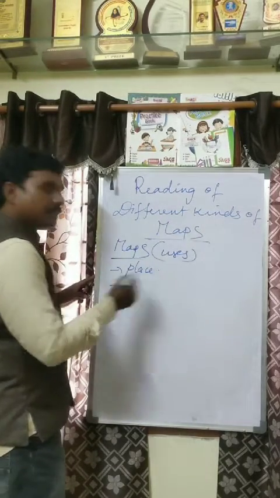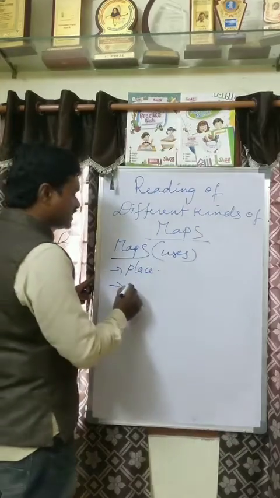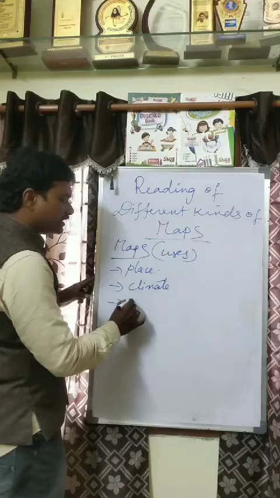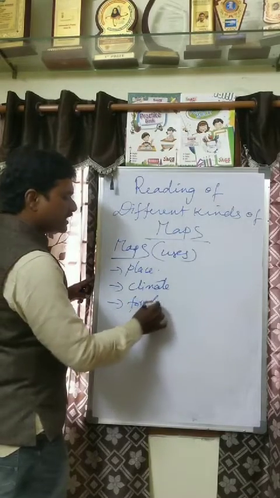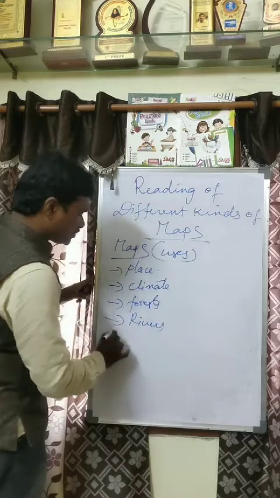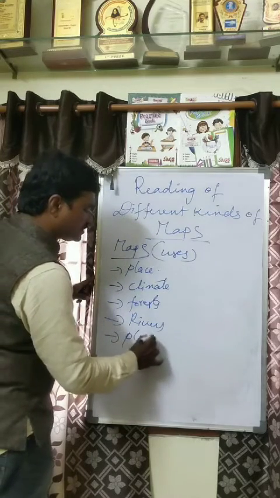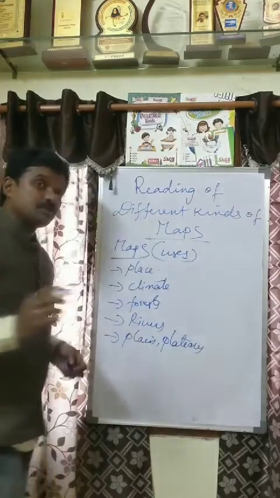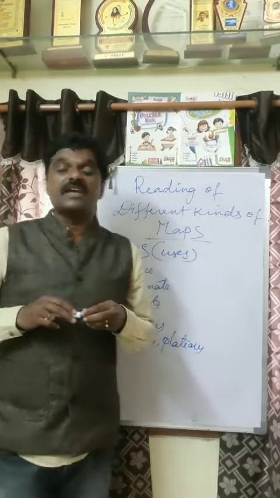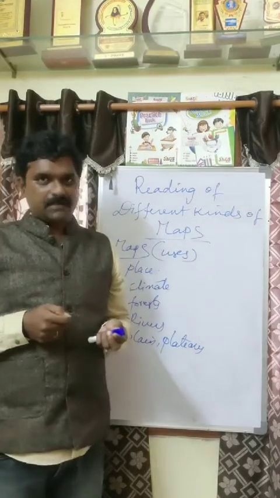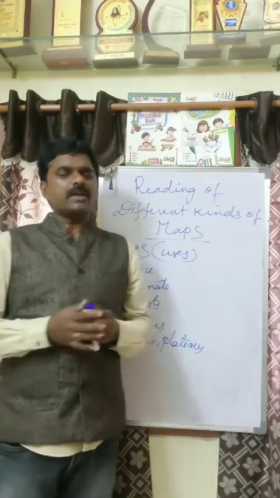The maps clearly give a differentiation about the climate conditions, the distribution of the forests, the distribution of the rivers, and the distribution of the plains or plateaus, whatever it may be. These maps are useful for us in many ways. By seeing the maps, we can identify where the place is located.